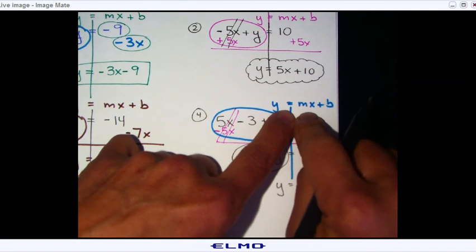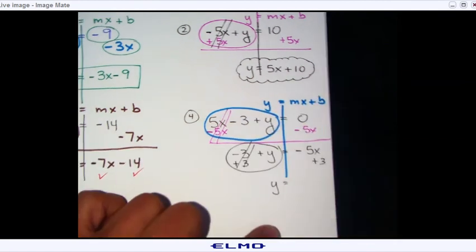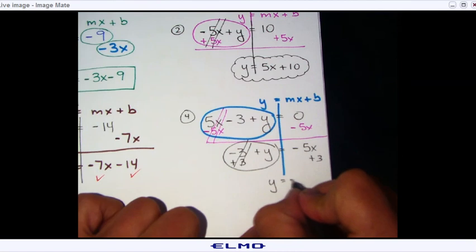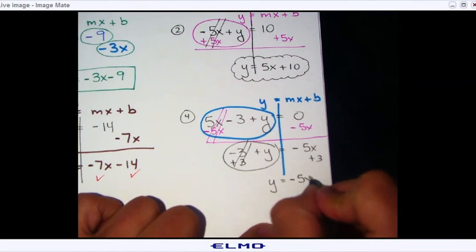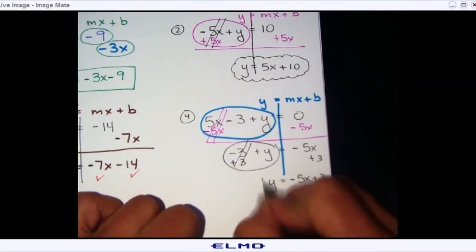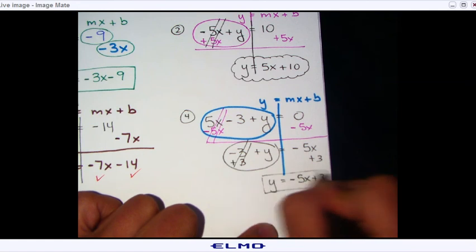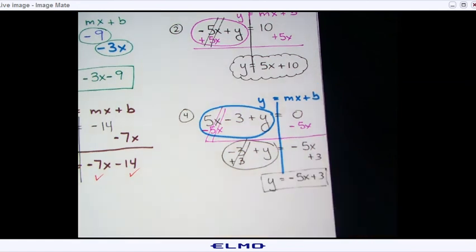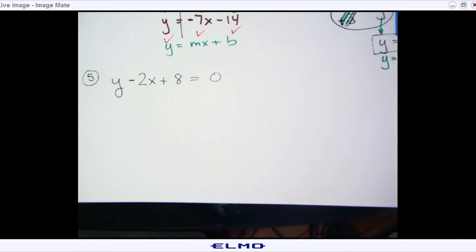Remember, mx. So negative 5x plus 3. And there you go. Okay? So far, so good. You guys see that?